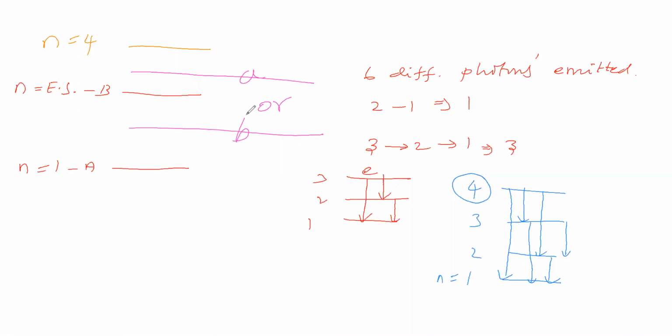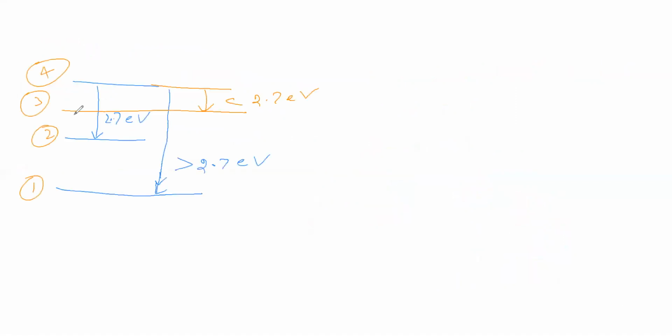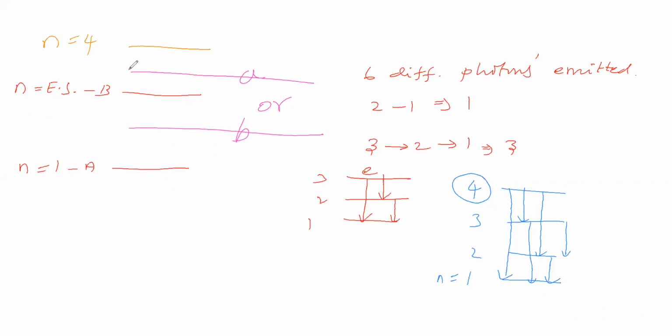So another level is between this 4 and B, or between B and A. Which one we have to conclude.